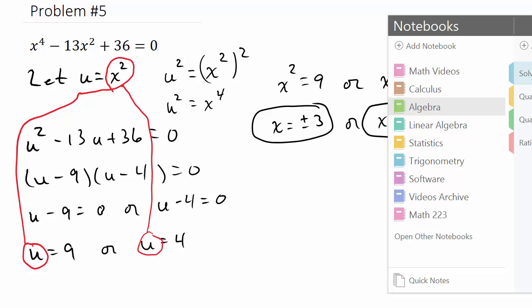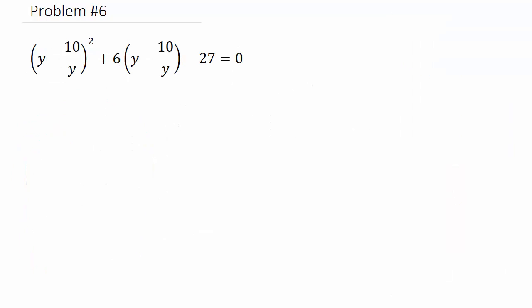Alright, so let's take a look at another example. In this one, we're going to do the same thing. I'm going to let u equal this, and then I need to square it and make sure I get this term.